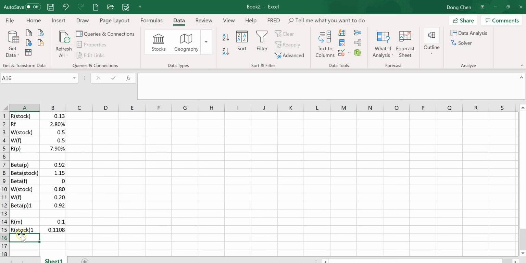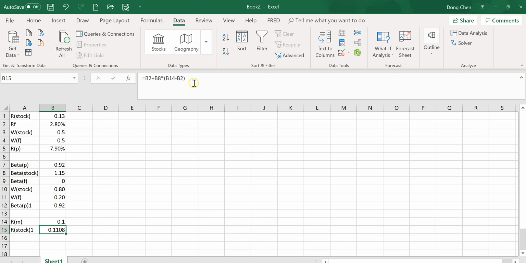So this stock's expected return, if Rm turns out to be 10%, will be 11.08%. And this is not equal to the actual expected return, which is 13%. And that's to be expected, right?